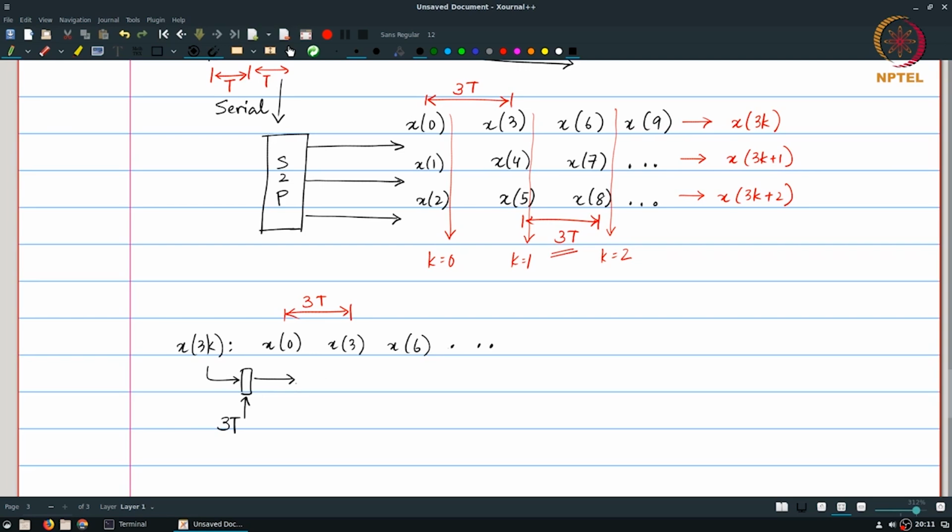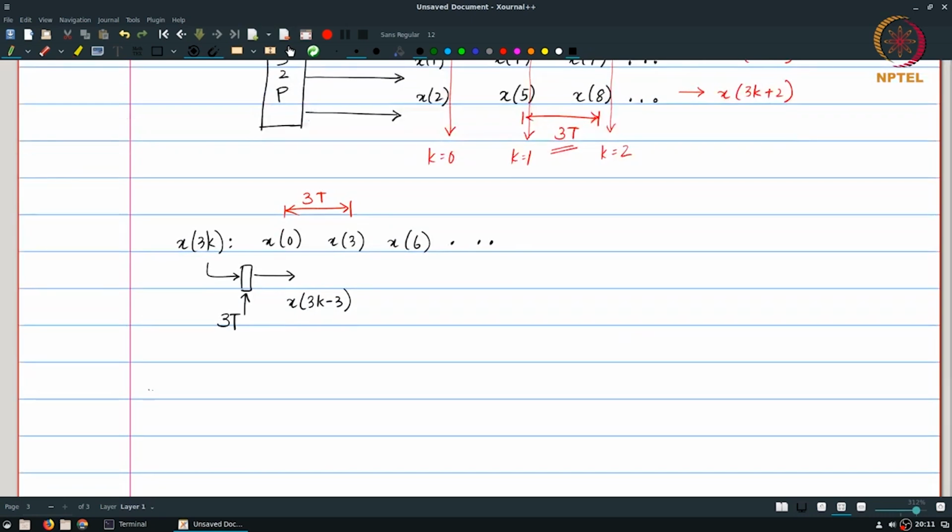delay, effectively what I get here is going to be the sequence x of 3k minus 3. Recall that if I had a simple register, that is to say, if I just had x of n going through a regular register which is sampled at t, what I have at the output is effectively a sequence which is x of n minus 1.